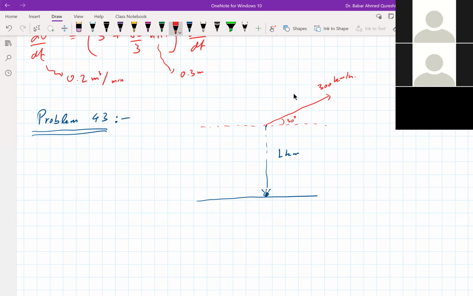So what I can do is take this to be origin, this to be x-axis, and this to be y-axis.